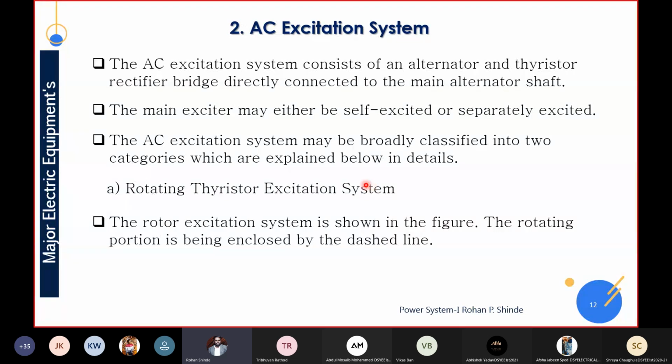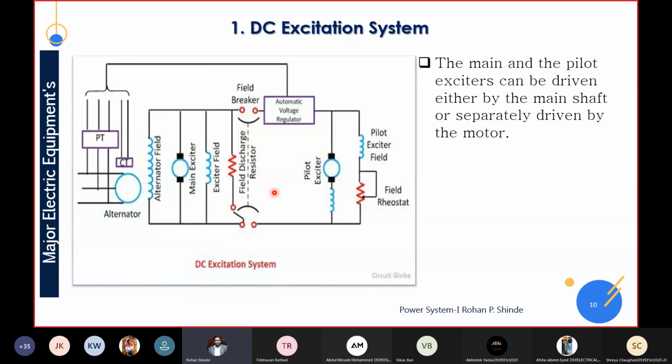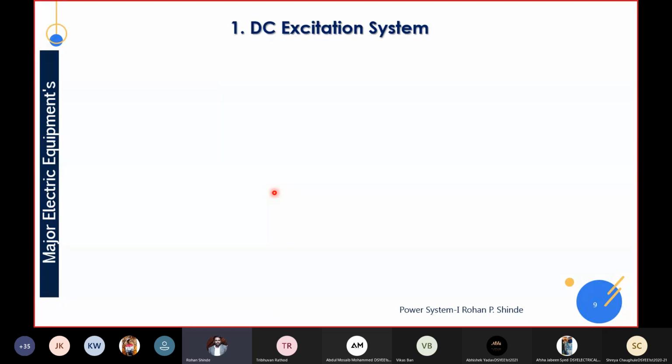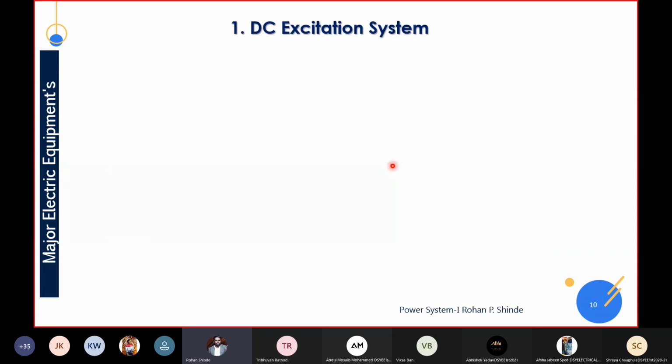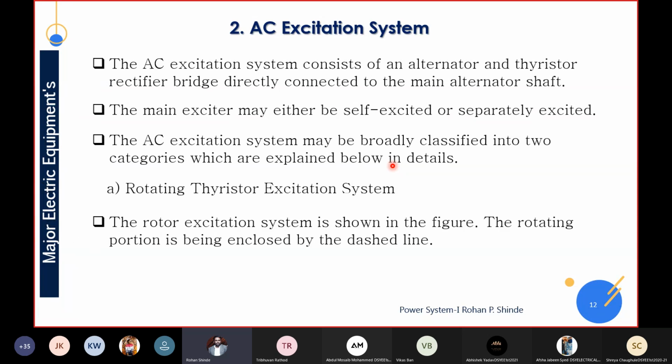Now we will see about this rotating thyristor. We have already seen that there are two types of AC exciter system: the rotating thyristor or rotor excitation system, and the second one is the brushless excitation system. We will see these in detail. So first is rotating thyristor.